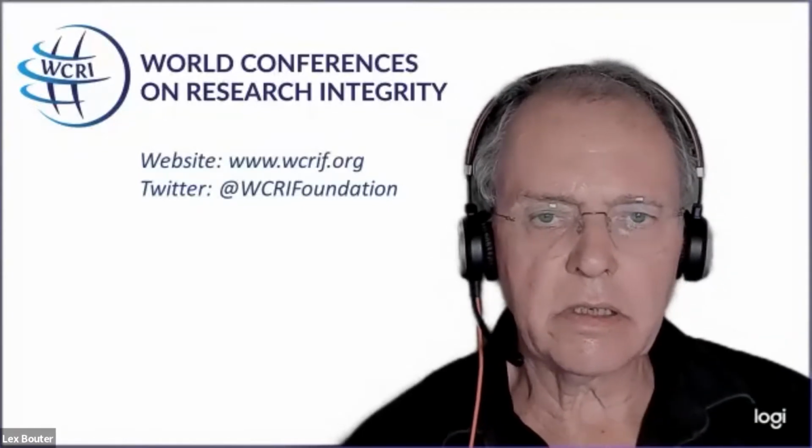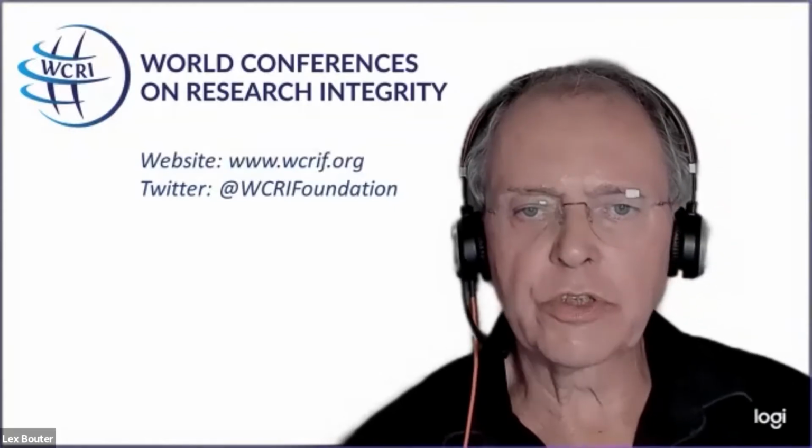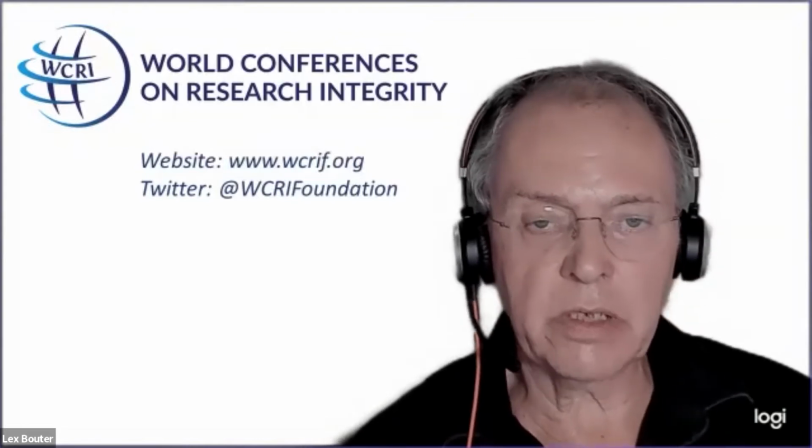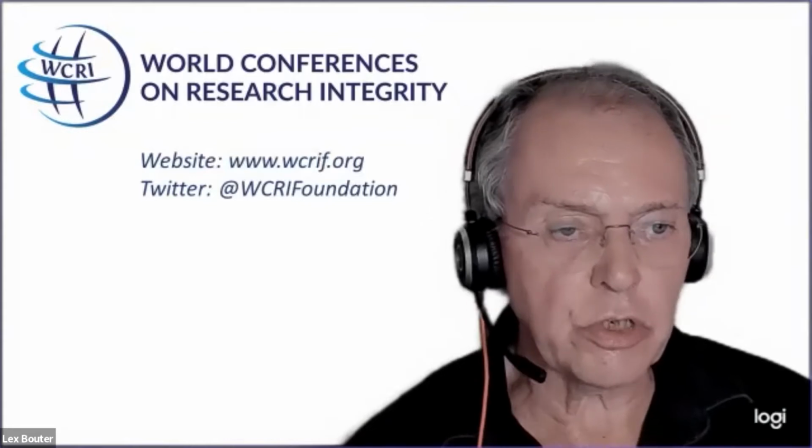And what I have on the menu today is 4 topics. First, I will talk about how research integrity and open science are in a way 2 sides of the same coin. And then I'll tell you a little bit about the National Survey on Research Integrity, which was indeed also presented on the main stage in the Cape Town conference that has been just alluded to.